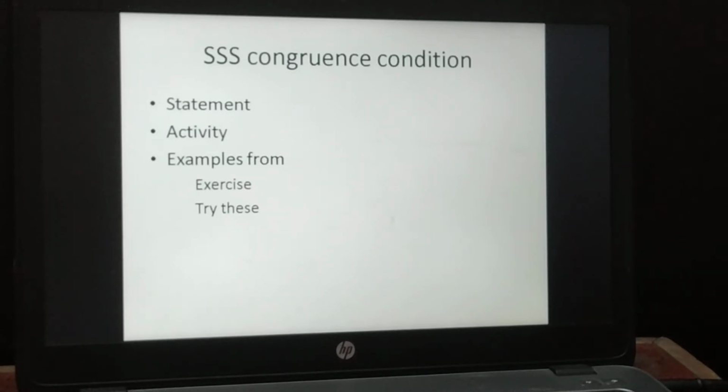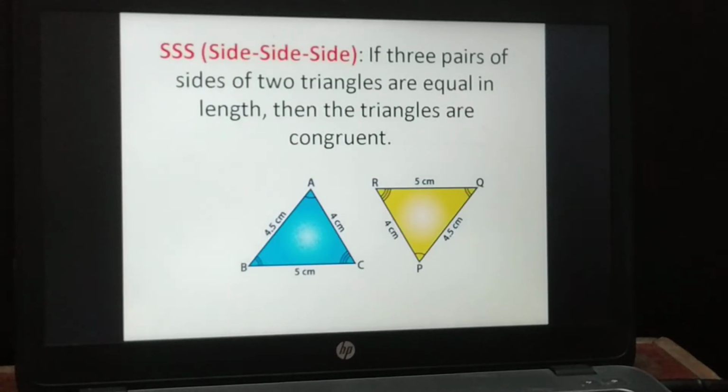The activity we have already seen, and we will go for the examples from the exercise and try this. So SSS stands for side, side, side. If three sides of a triangle are congruent to the three sides of another triangle, then this condition is known as SSS.